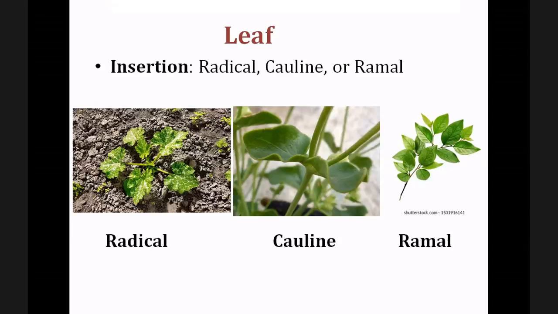These leaves are generally arranged in a basal rosette. Rosette means they are arranged in a circular manner. That leaves we call radical.